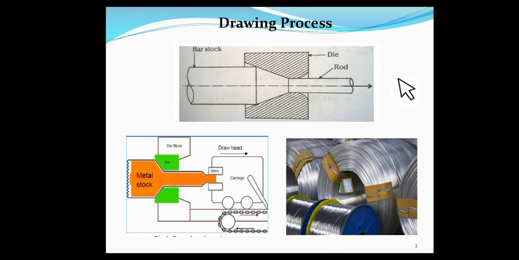Now come to the construction part of this. Based on the application, the raw material will be selected, and the dies will be selected based on the strength and the mechanical properties of the workpiece material. Now the front portion will be squeezed.